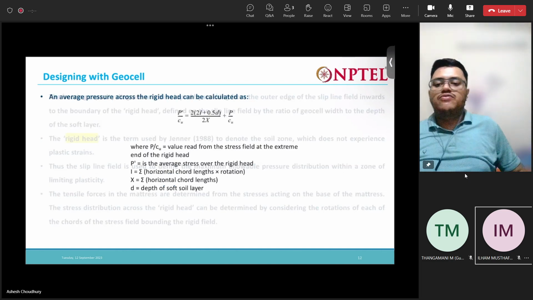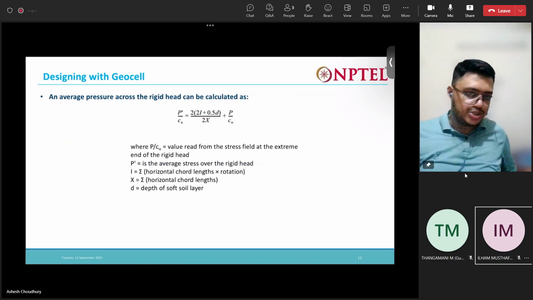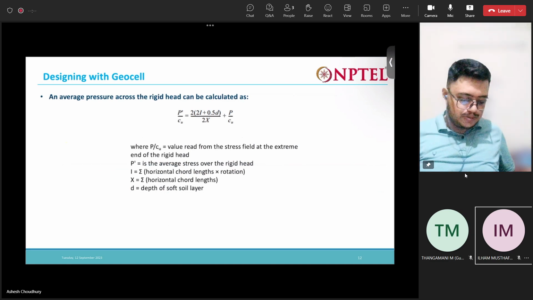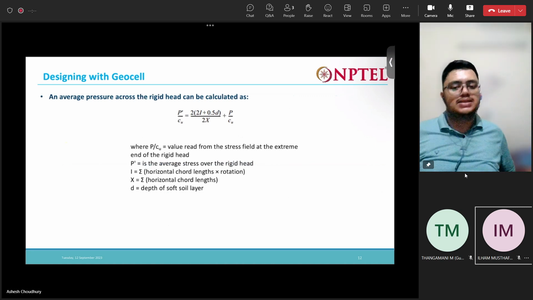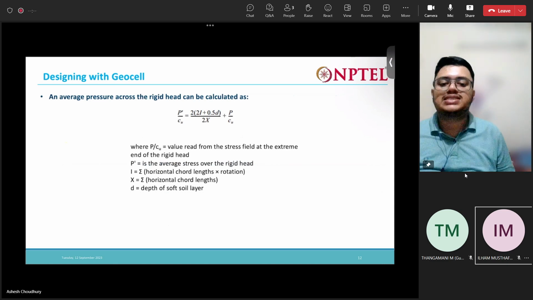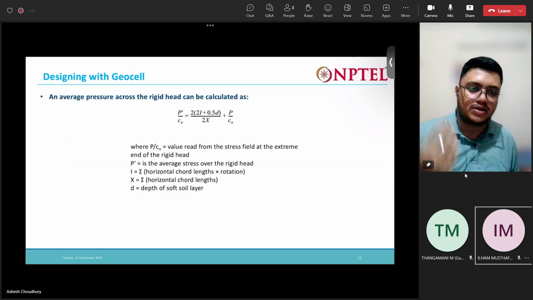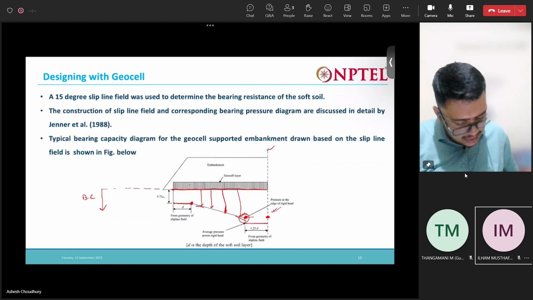Now the average pressure across the rigid head can be calculated as this. This was given by Jenner. P dash by Cu is equal to 2 of 2 psi plus 0.52 by 2 s plus P by C. What is P by Cu? P by Cu is the value read from the stress field at the extreme end of the rigid head. Where is the extreme end?